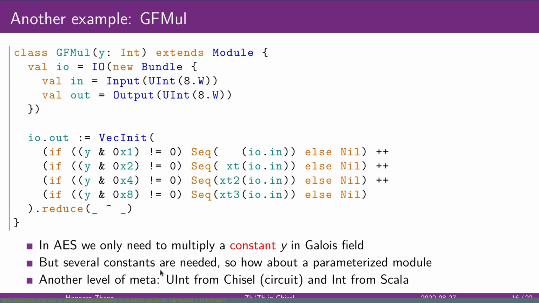Like we can use UInt from Chisel to describe circuit, but we can use Int from Scala to describe constants, and we can generate highly specialized circuits. Like you can see that the if-else here are just Scala, but the reduce here are actual circuit. So this is very efficient.